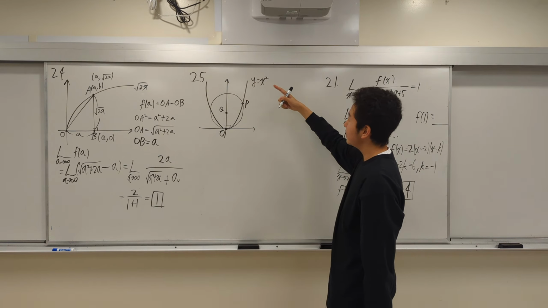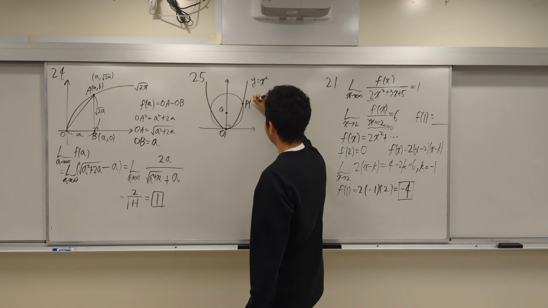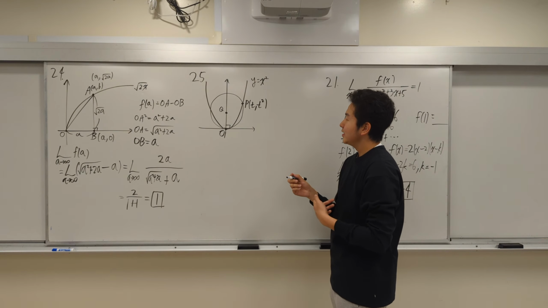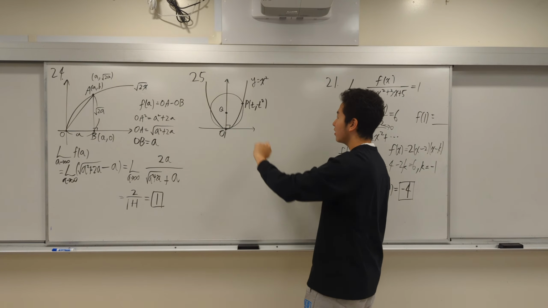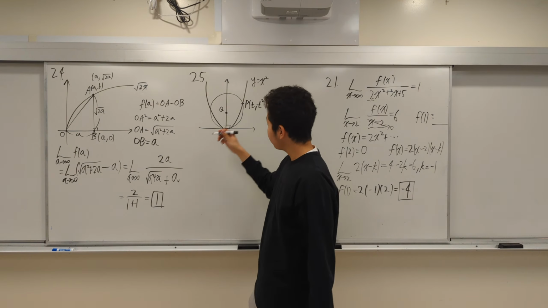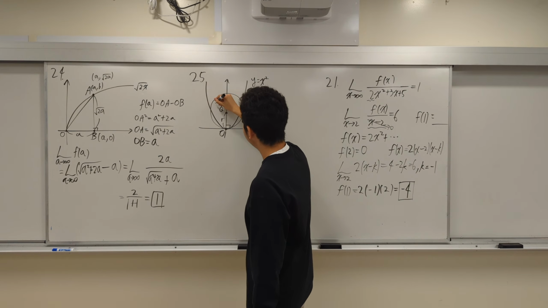Since I know that P is on the parabola y equals x squared, I can set P's coordinates as t, t squared. And since Q lies somewhere along the y-axis, I'm going to say that the radius of the circle is r. Then we automatically get Q as 0, r.